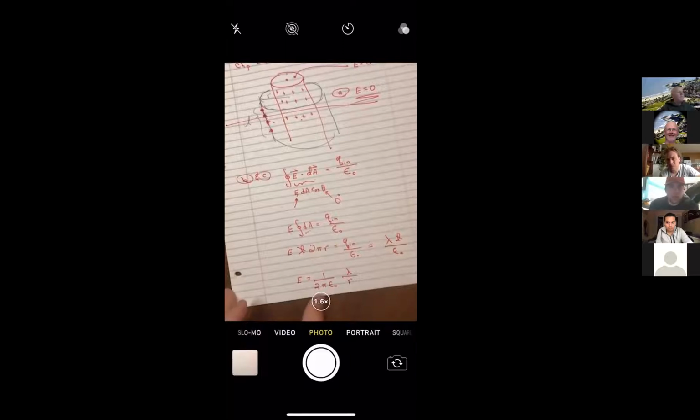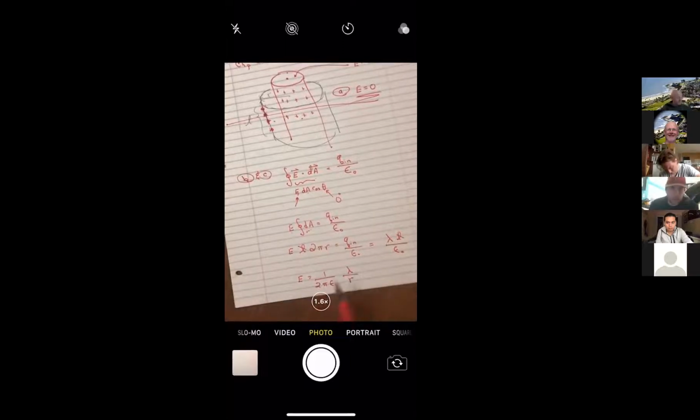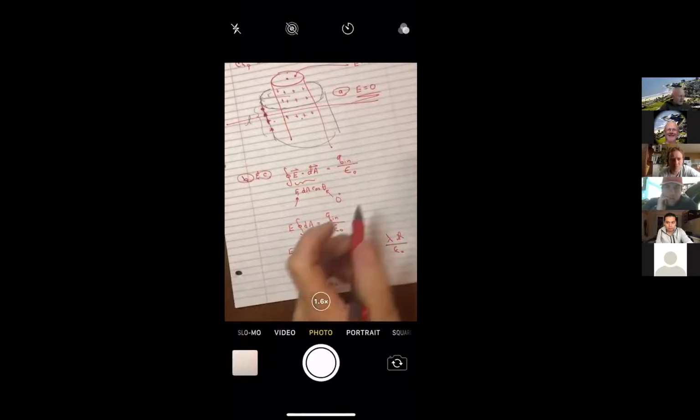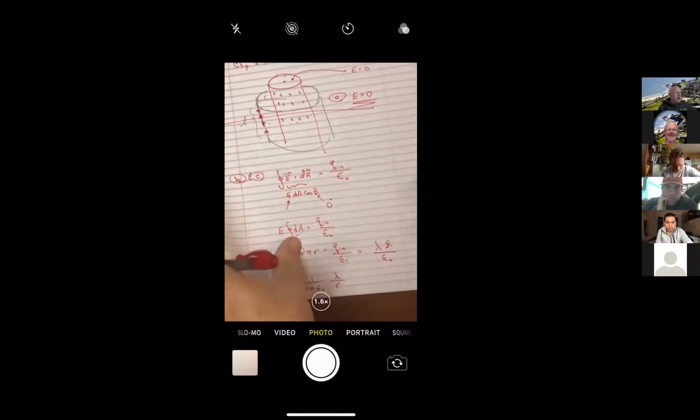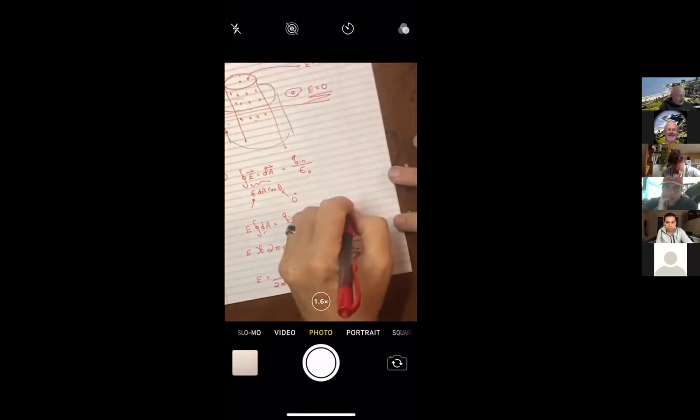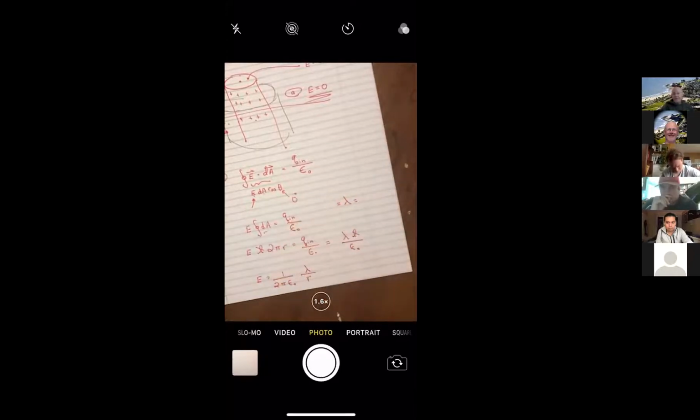Sorry, I'm just trying to figure out why the lambda makes sense, but I don't understand why the L is there. Let me put it to the side here. Lambda means charge per length.